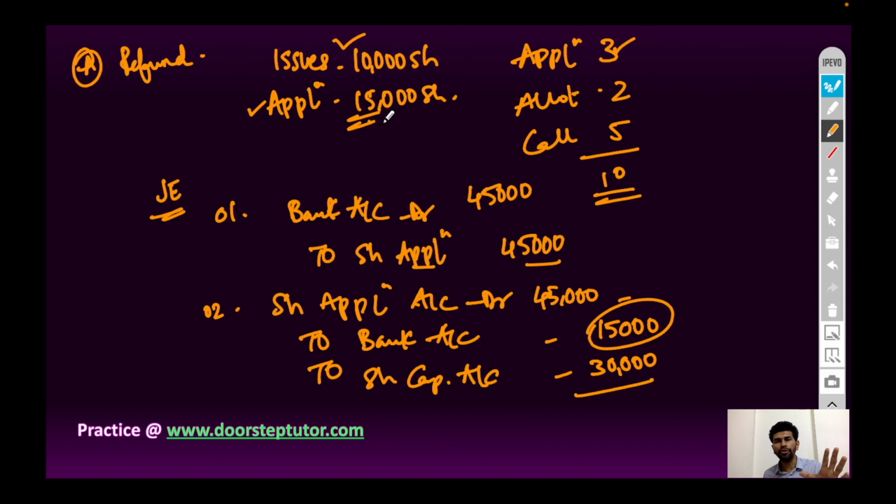So 5,000 shares multiplied by application money 3 rupees per share, 15,000 rupees will be refunded. So in case of refund, the journal entry will be bank account debit to share application account, and the second entry will be share application account debit to bank account and to share capital account.